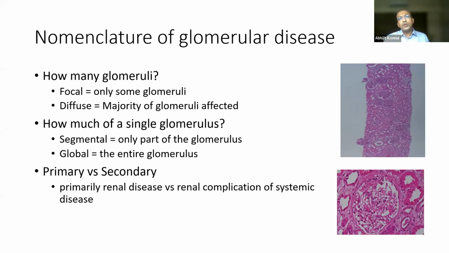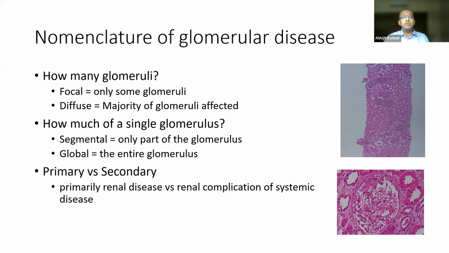Now, all of us usually get confused about the nomenclature of glomerular disease, but I have tried to simplify this, and one just has to focus on the glomerular histology. All glomerular disease requires a biopsy. Without a biopsy, delineating a glomerular disease is very difficult. So one would focus on the biopsy, and this is the scanner view on the right-hand side.